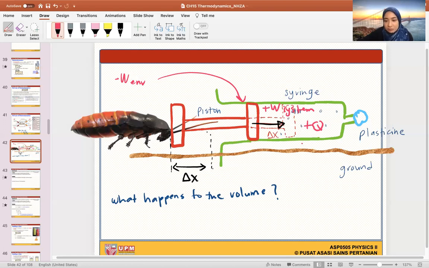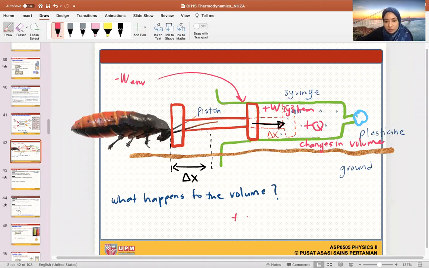The gas system changes in volume. So that would obviously contribute to something as well, right? So the change in volume denotes the work done. So if you compress a gas, it means that positive work is done on it. When you expand a gas, it means that negative work is done on it.